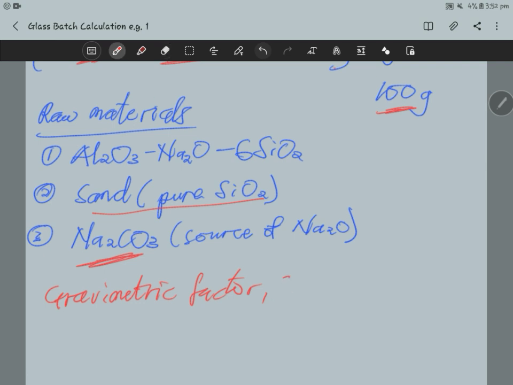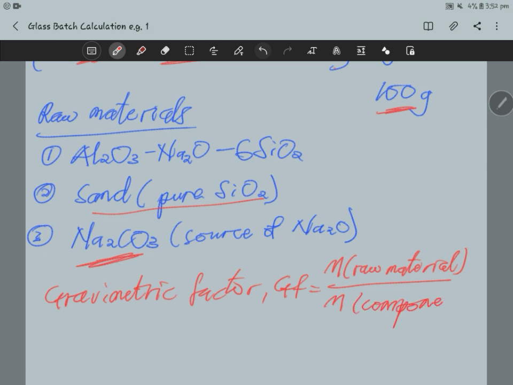The GF, the gravimetric factor, is the same as the molecular mass of the raw material over the molecular mass of a component of the raw material.